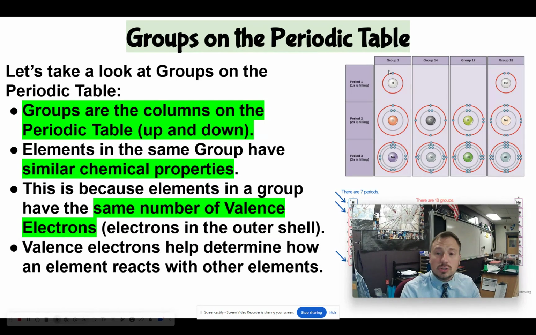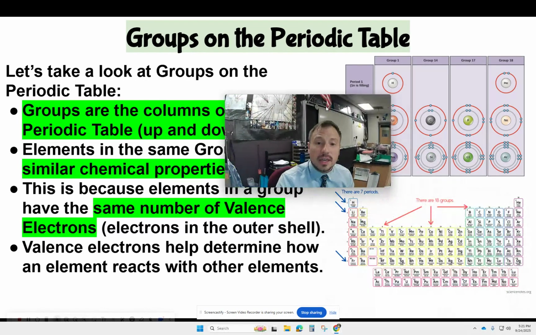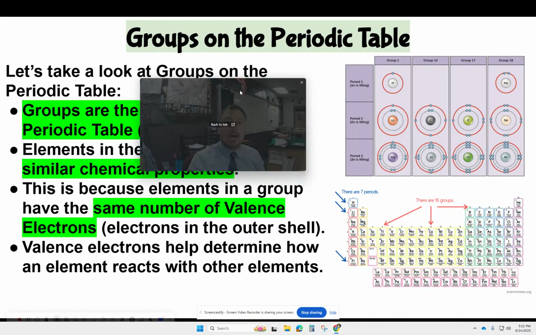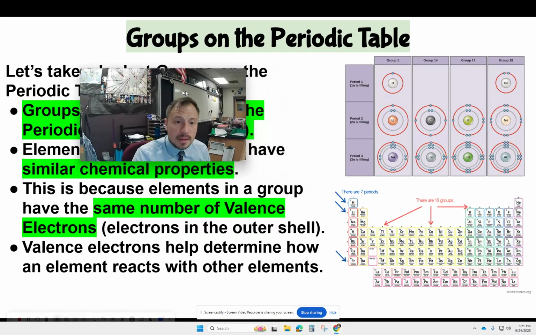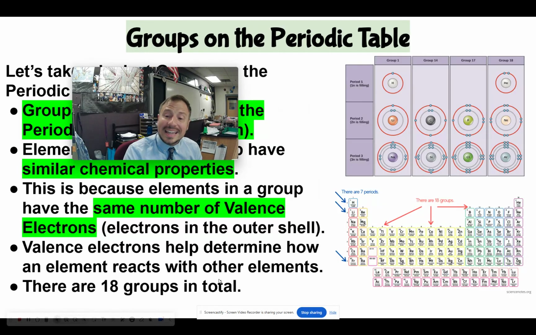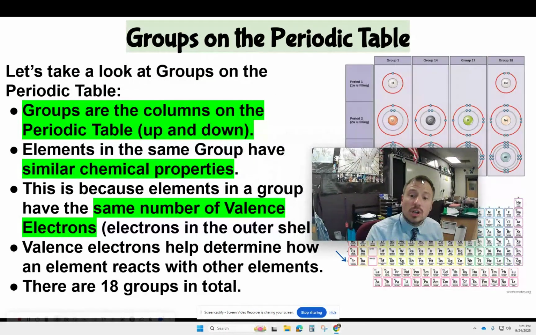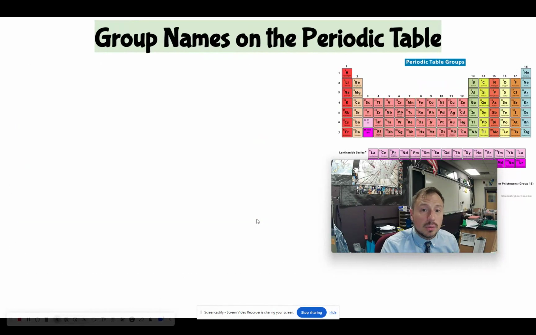Valence electrons are the ones in the outer shell, and they determine the chemical properties of that element. There are 18 groups in total. If you look at this little graphic to the right, you can see group 1, 14, 17, and 18. They might have more orbitals, more shells, but each of them has the same number of valence electrons, so they're going to have the same chemical properties.